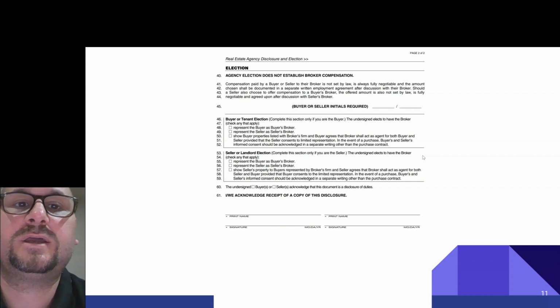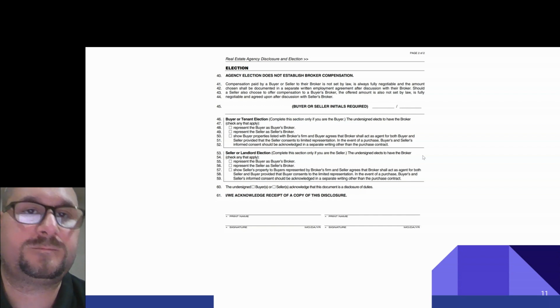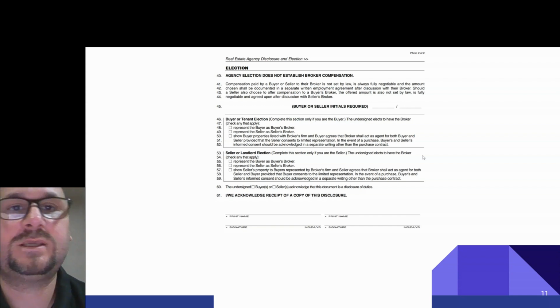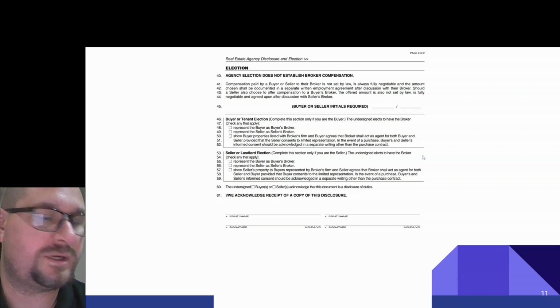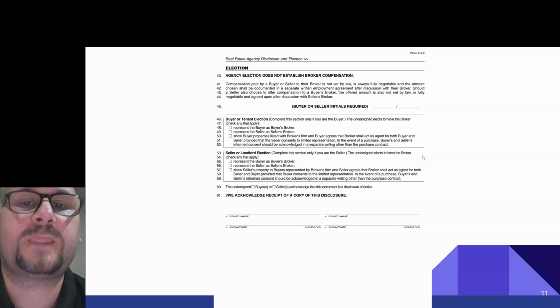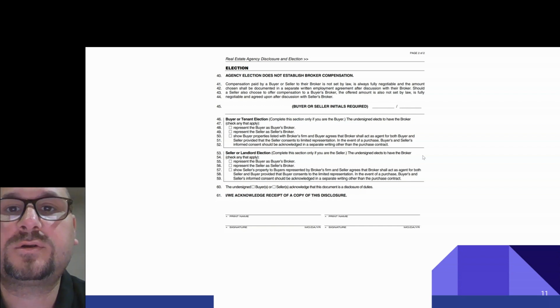Agency election does not establish broker compensation. So you're just electing your agent in this contract. Compensation paid by a buyer or seller to their broker is not set by law.